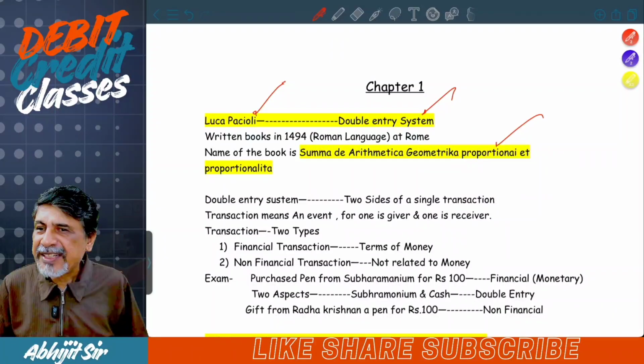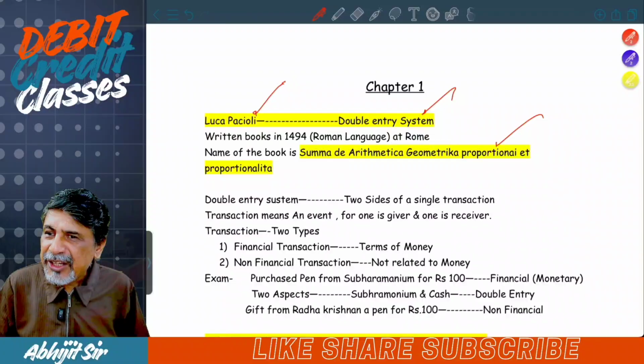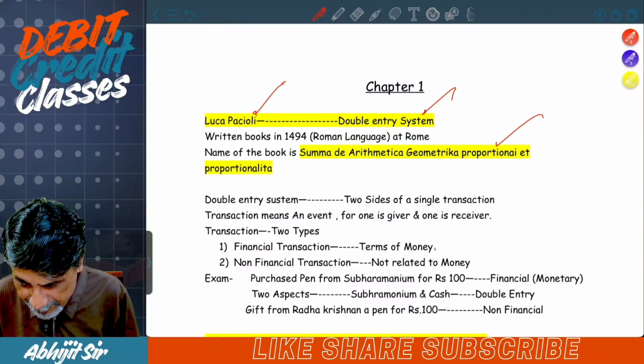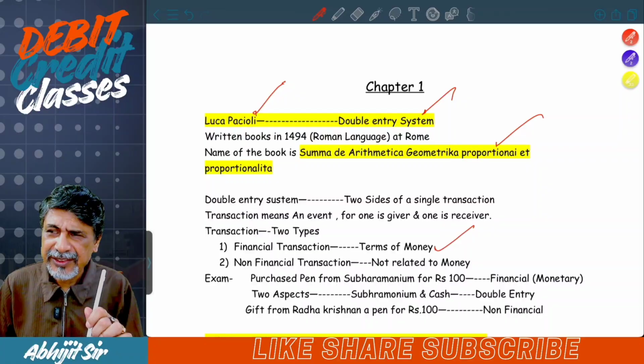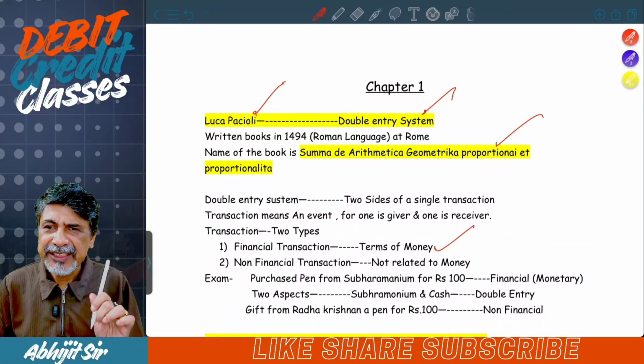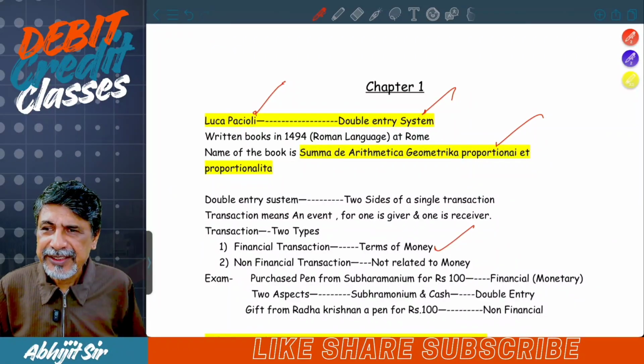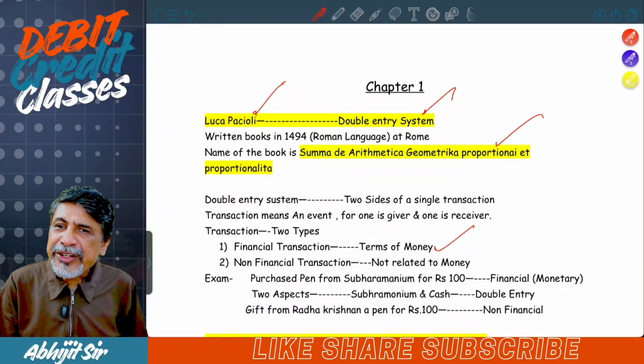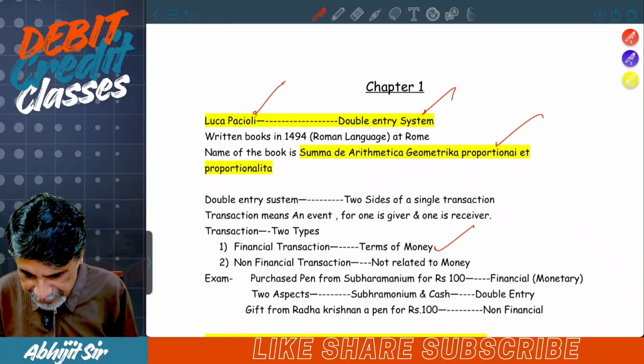There are two types of transactions. Number one, financial transaction, in terms of money. You should remember it. It is very important. And number two, non-financial transaction, that is not related to money.